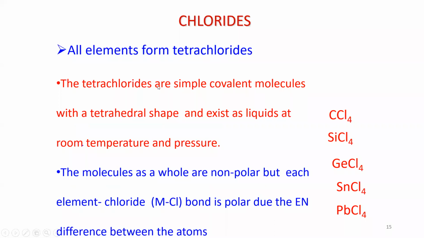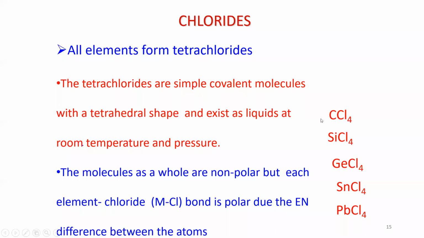So all the elements form tetrachloride, that is, the +4 oxidation state. And these are their tetrachlorides: carbon tetrachloride, silicon, germanium, tin, and lead tetrachloride. And they are all simple covalent compounds because the difference in electronegativity between the elements is not much, unlike your metals, where they form more ionic compounds because of the difference in electronegativity.